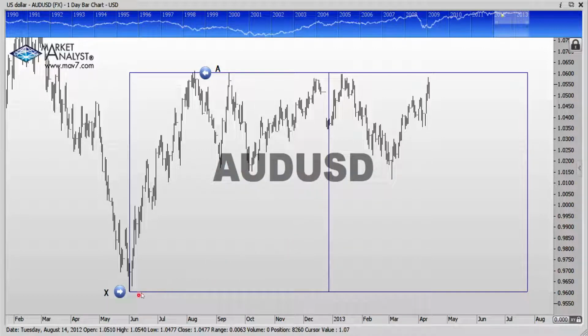Here's an example of a technique that GANN used. If we look at this low here at X up to A, he would measure that price range, and he would see how many points or dollars that would be depending on the product he's trading.